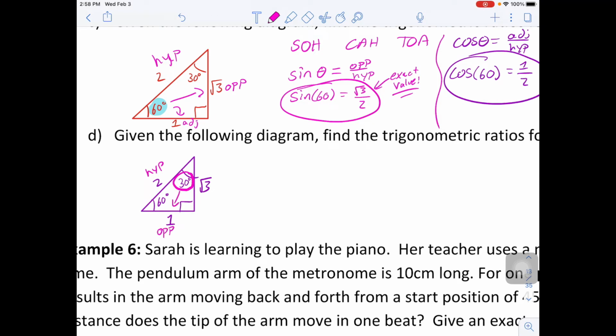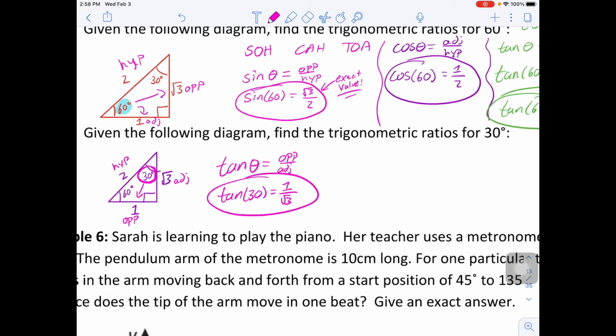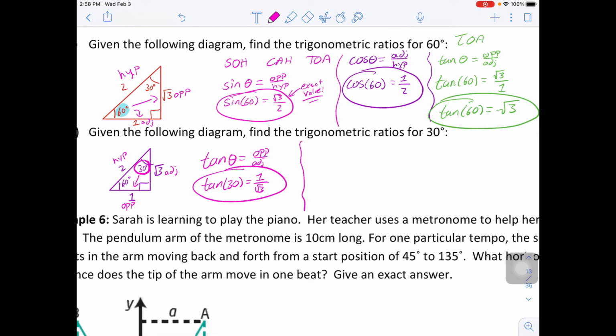So this is opposite, this is adjacent. So tan angle equals opposite over adjacent, TOA. Tan 30 here, the opposite side length is 1, and the adjacent side length is root 3. So there's your ratio for that one.